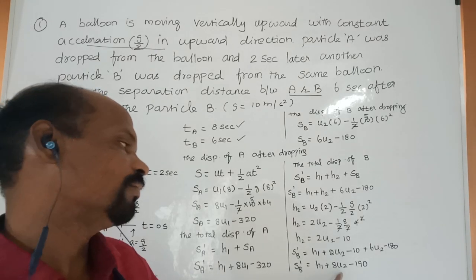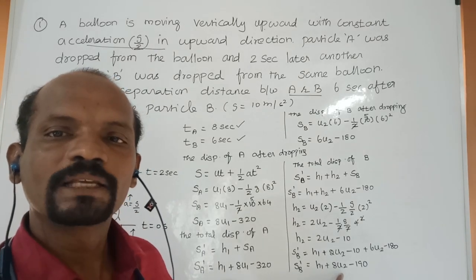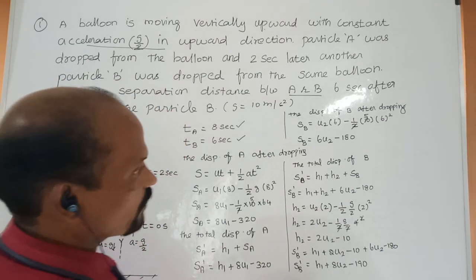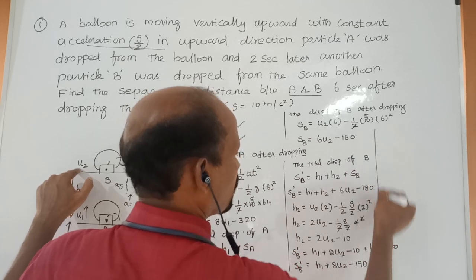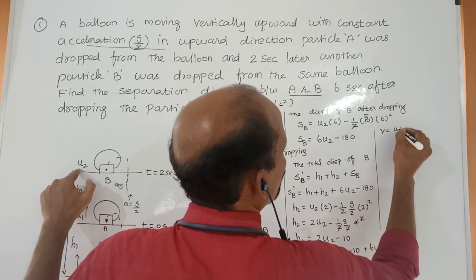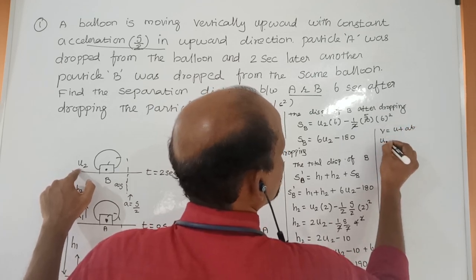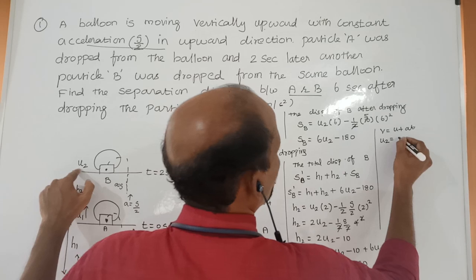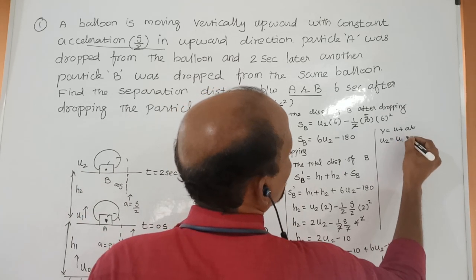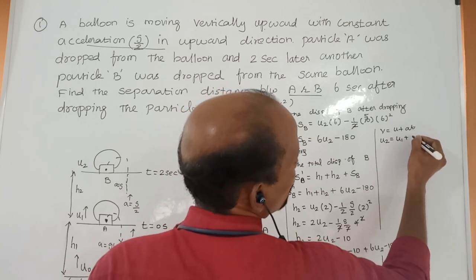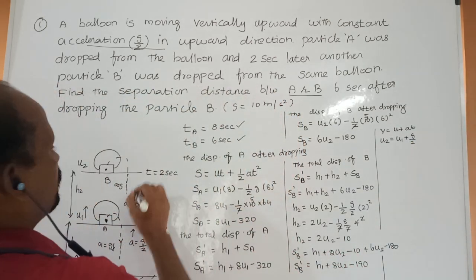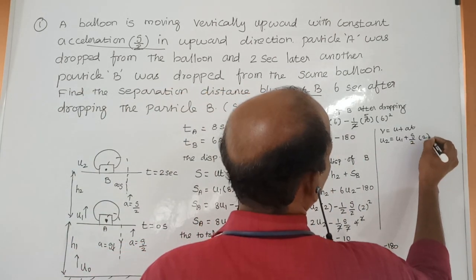Again we have to find out the value of u2. Here u2 is nothing but the final velocity. By using the equation v equals u plus at, the final velocity u2 equals the initial velocity u1 plus a, the acceleration g by 2, times time t equals 2 seconds.